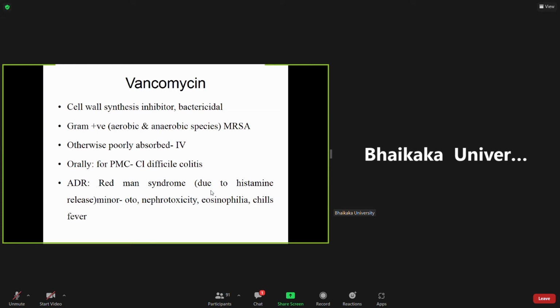But definitely, because I will be continuing with chemotherapy, I will take up super infection separately and make you understand the details. So right now you just remember this: pseudomembranous colitis is a type of super infection caused by Clostridium difficile.